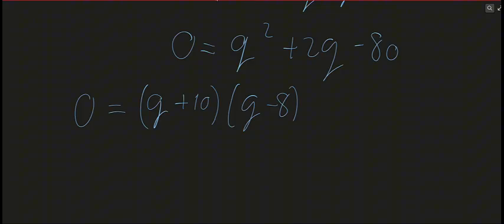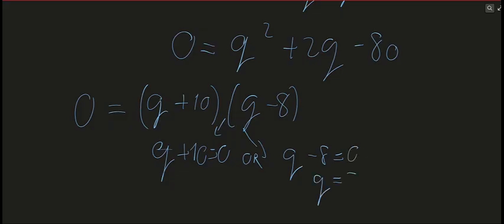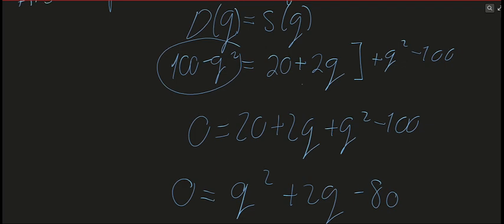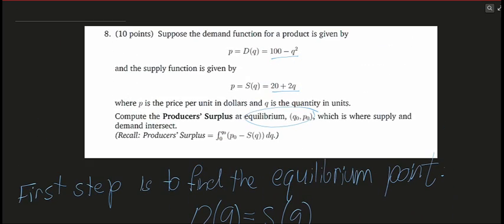What are the two possibilities? Either Q plus 10 is equal to 0, or Q minus 8 is equal to 0. Q is equal to 8, or Q is equal to negative 10. So on the surface, it seems like we've got two possibilities, but we're supposed to only end up with one equilibrium point. Now notice the meaning of Q. Q stands for quantity. It's the number of units of a product.